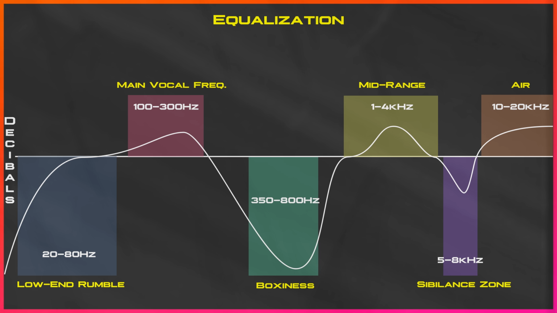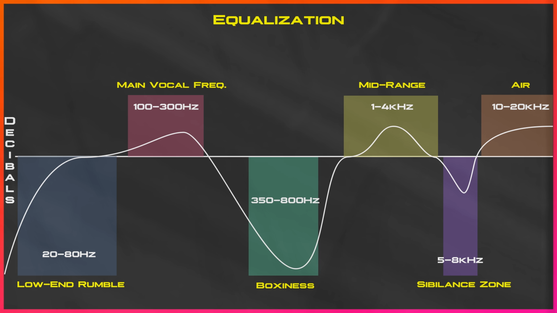Now from 350 hertz to 800 hertz is going to be the box region. This is where your vocals are boxy and hollow. You need to balance this area very carefully. From 1000 to 4000 hertz is going to be the mid-range, the nasally/honky sounds.